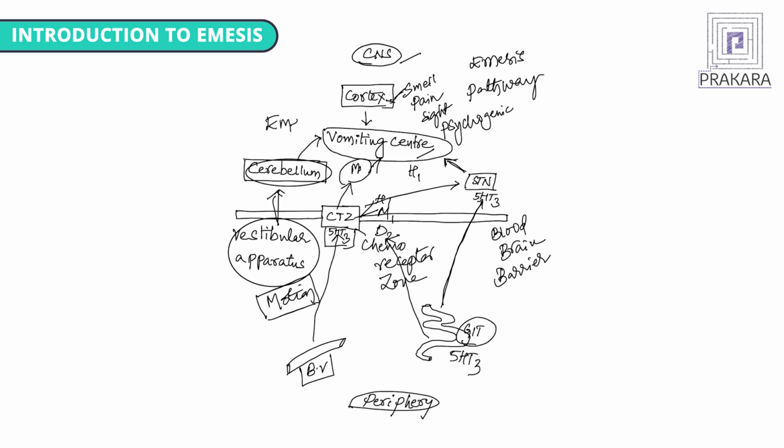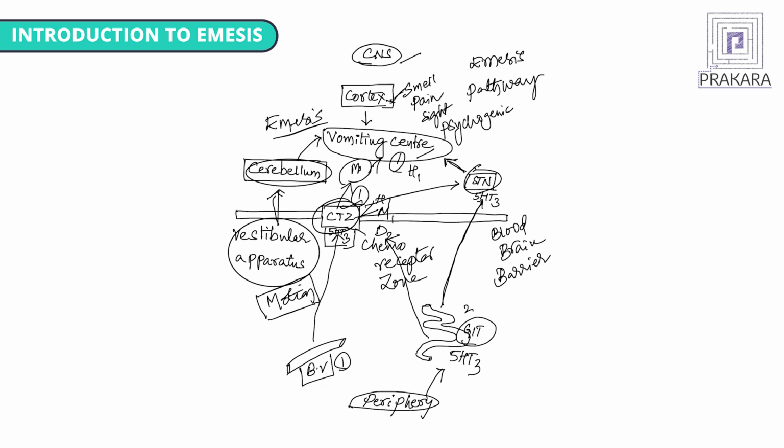So this entire sequence of reactions may take place either because of activation of CTZ or because of activation of STN. Majorly, when blood vessels are involved, there will be activation of CTZ. That means these blood vessels will be connected with CTZ, which is in connection again with the vomiting center. And at the same time, if the GIT is activated through a peripheral activation, this will trigger the 5-HT3.